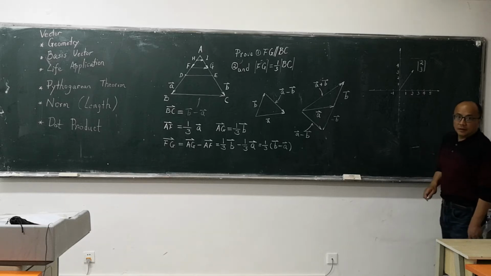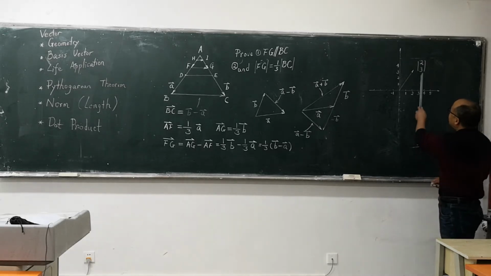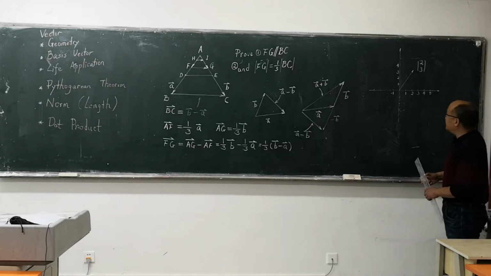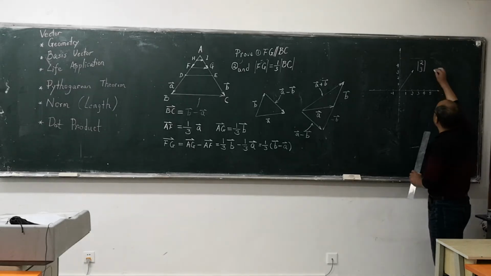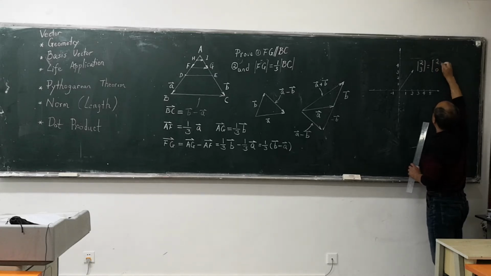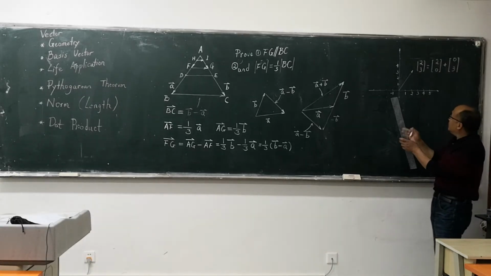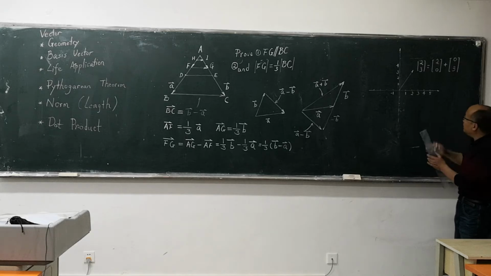This vector, you can look at it as two vectors: (2, 0) plus (0, 3). You can dissect it out.